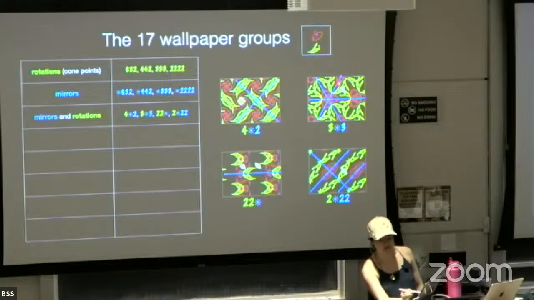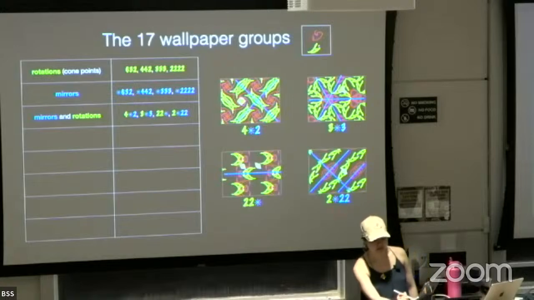You've got this 3-fold rotation here, and that gets mirrored over to here and here and here and here and here. 2 2 star has 2 2-fold rotations and then a mirror. There's again another mirror up here, so it's this strip along here. 2 star 2 2 has 2 mirrors passing through here, another set of 2 mirrors passing through a different point over here, and then a rotation here.